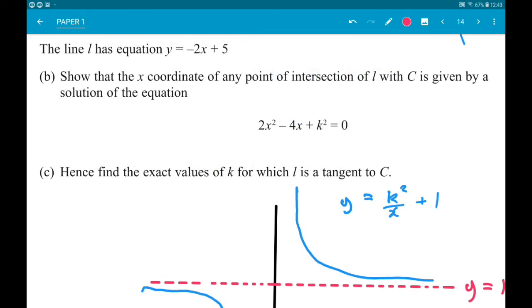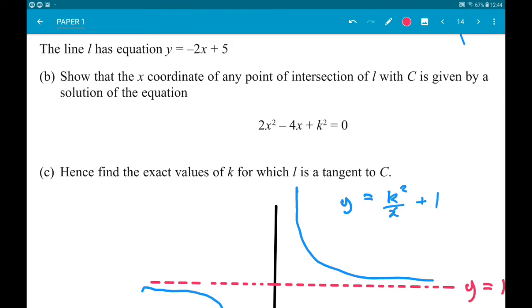And part B, the line L has equation y is minus 2x add 5. Show that the x-coordinates of any point of intersection of L and C are given by solutions to 2x squared minus 4x add k squared is equal to 0.